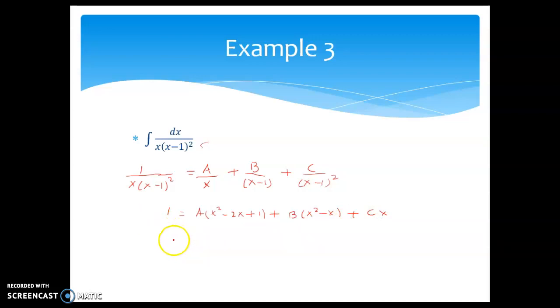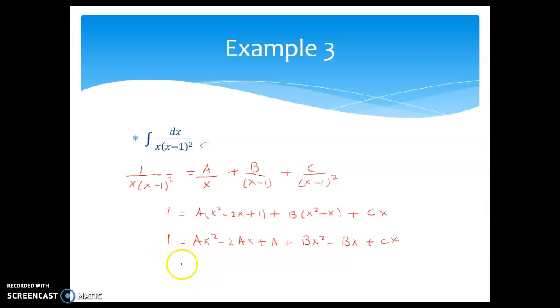So 1 equals ax squared minus 2ax plus a plus bx squared minus bx plus cx.